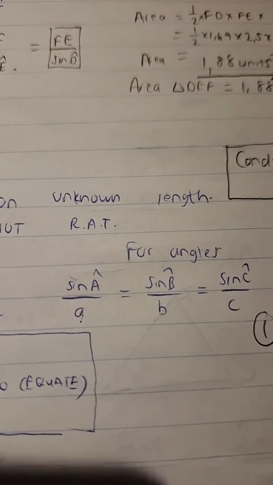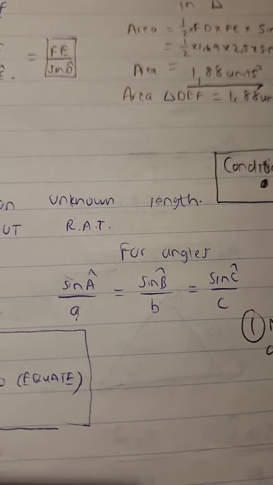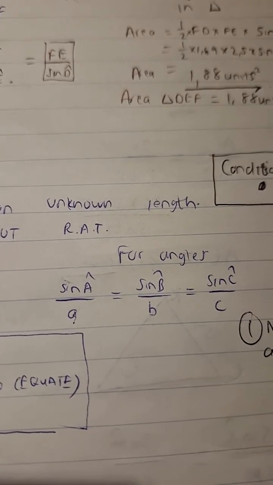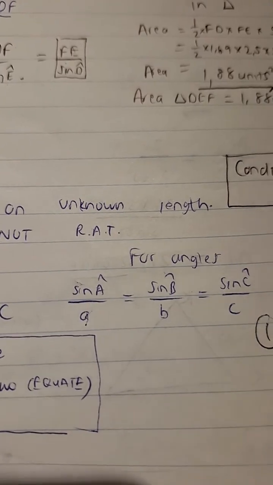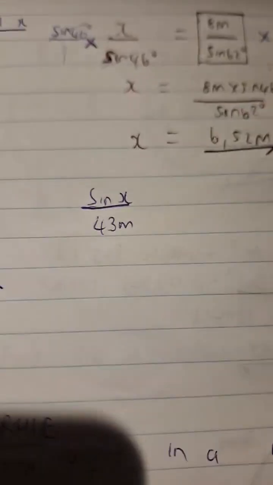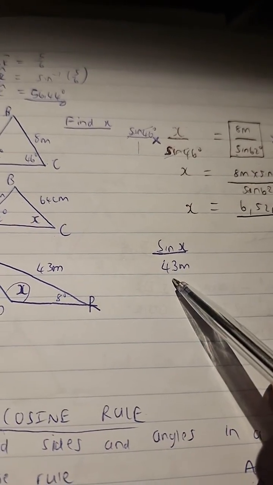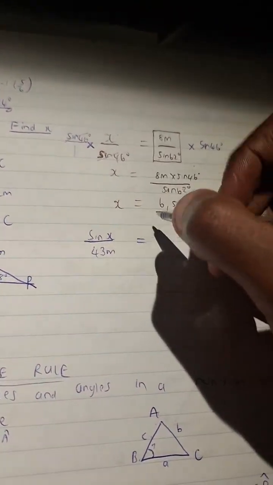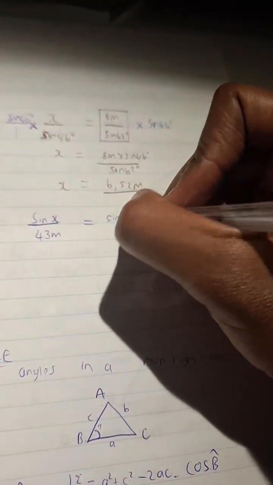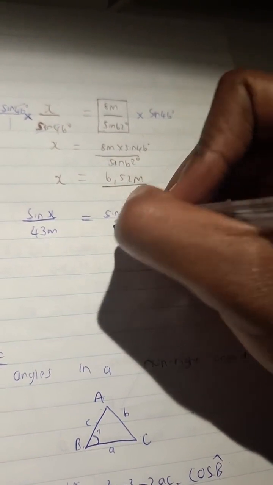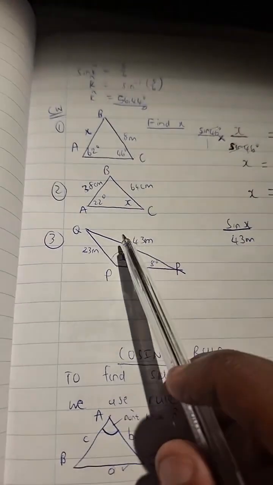Why? Because Kelly Muhale was asking me, how did I do the second step? I want to simply be able to cross multiply, because my unknown will be at the top at the left, and then I'm just simply going to cross multiply and then solve. So you see, sine x over 43 meters is equal to, now this is the other angle with its given side, sine 8 degrees over 23 meters.